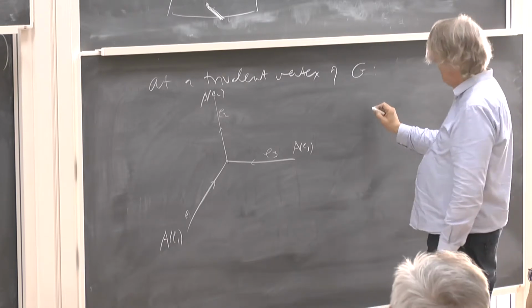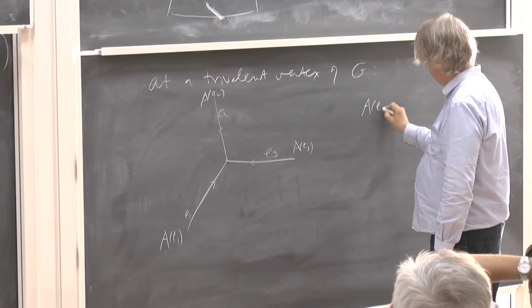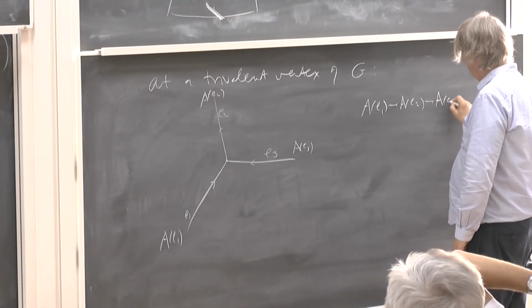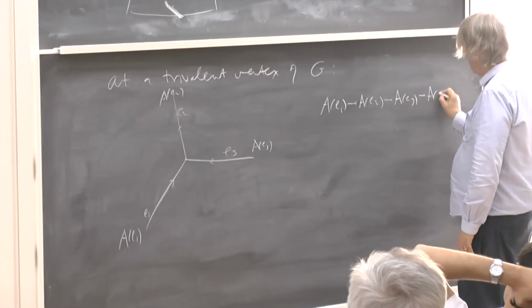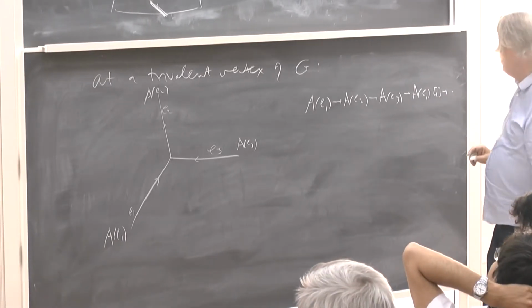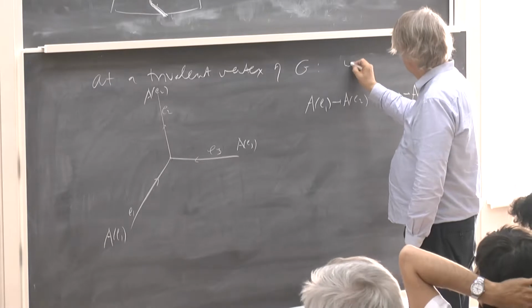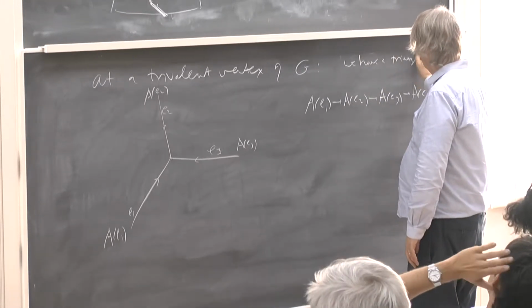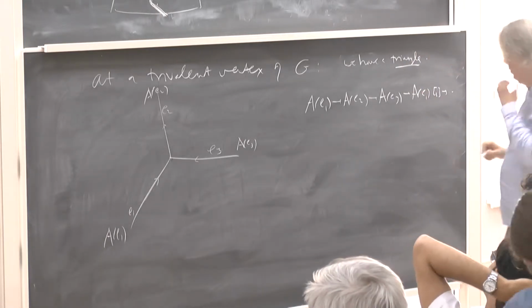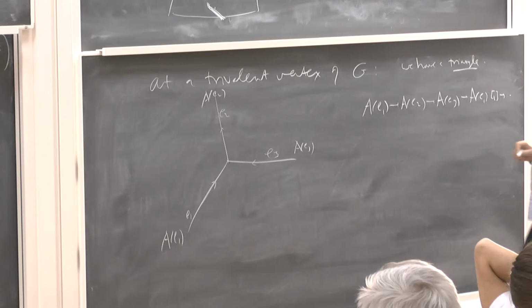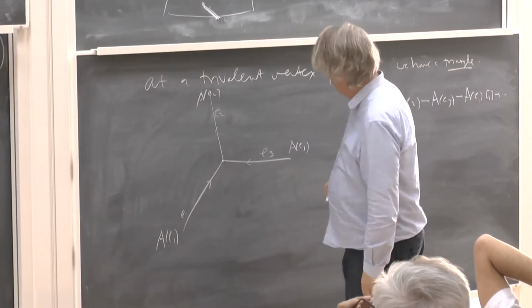And the point is that we need to have a triangle. So at the trivalent vertex of G, we have an exact triangle. This is in the fiber category over that point.